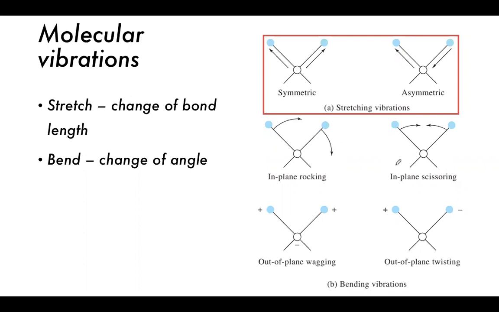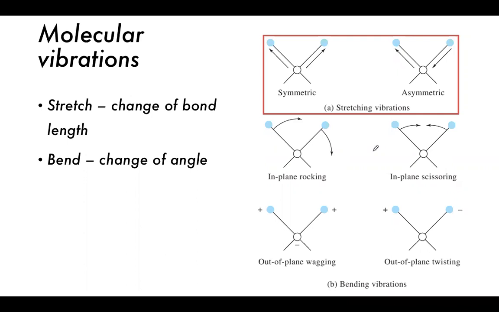Then for bending vibrations, we have in plane rocking, so kind of goes like that. Scissoring, they go together. Out of plane wagging, so one goes forward, one goes back. And out of plane twisting, it's kind of like forward and back and rotate, like forward and back and around. So there are 4 different bending vibration types.